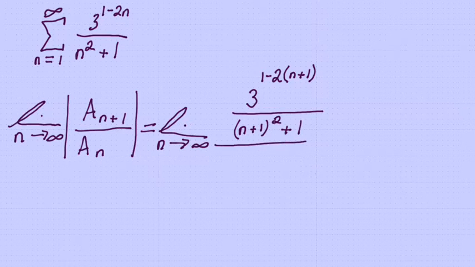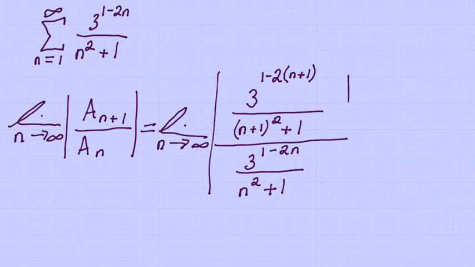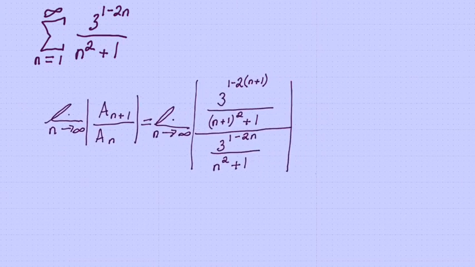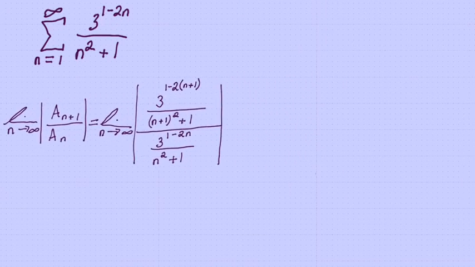That's the numerator of our ratio. And then the original a sub n's are our denominator. Like I said, we don't need to worry about absolute values because this is strictly positive, but this is the first example, so I'm going to try to be particular about it and not make mistakes. We'll see how long that lasts.